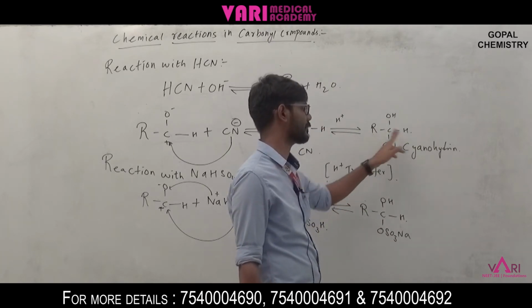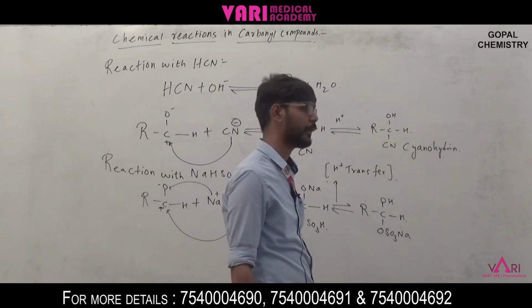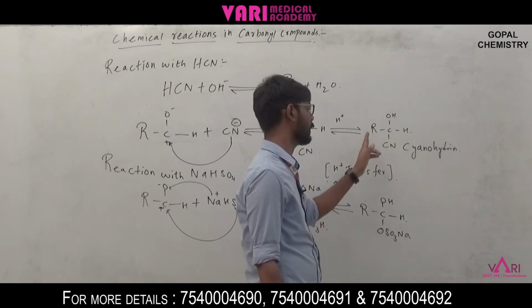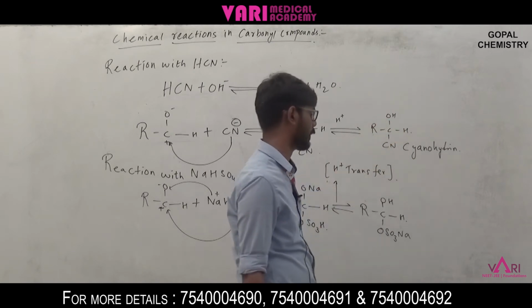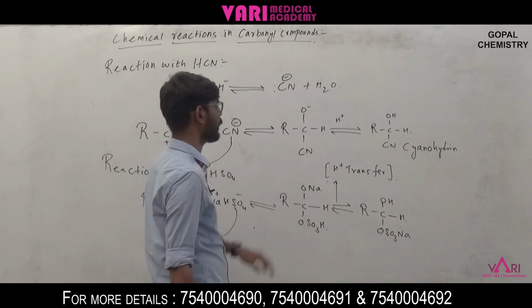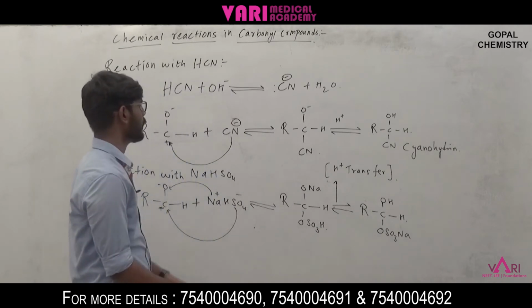If both are the same, then optical activity will not be observed, because the carbon has to be attached with 4 different groups. So this is how the reaction is followed. Okay, why, sir?